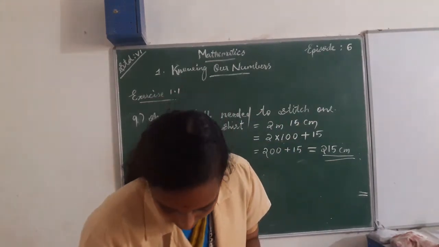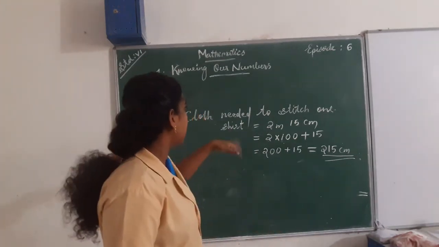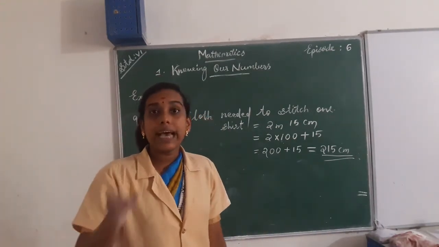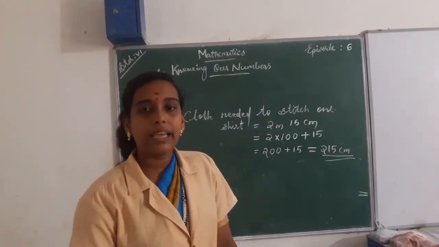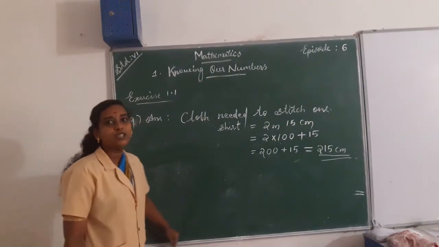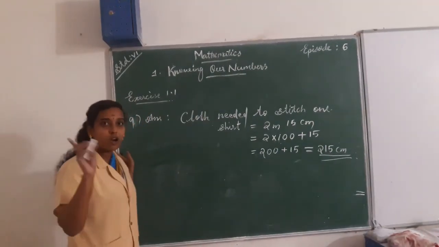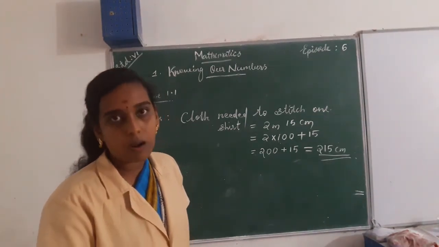And here it is given, out of 40 meter cloth. That means the total length of the cloth.